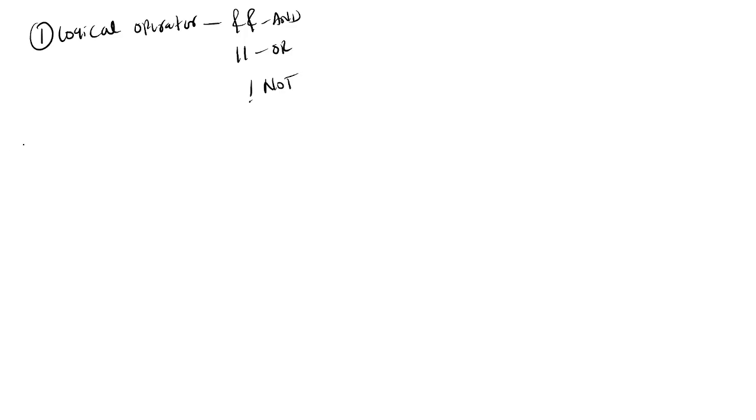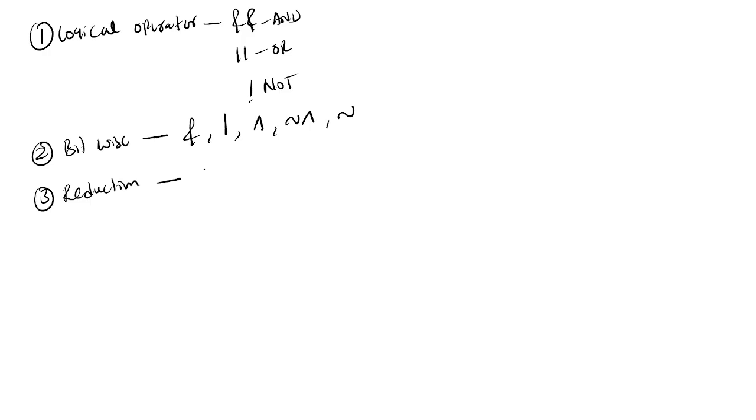Next you have the bitwise operators: bitwise AND, bitwise OR, bitwise XOR, bitwise XNOR, and bitwise NOT. Next you have the reduction operators, including reduction NAND and reduction NOR, which we already saw. And next the concatenation operator.